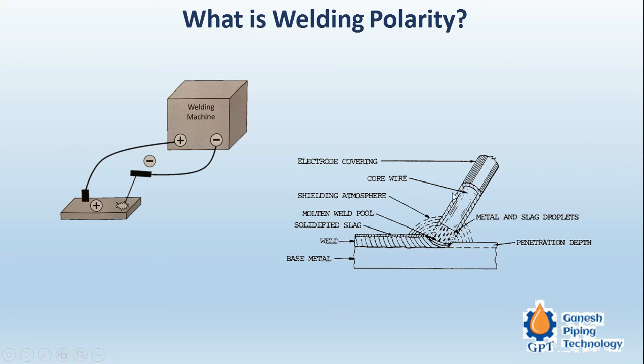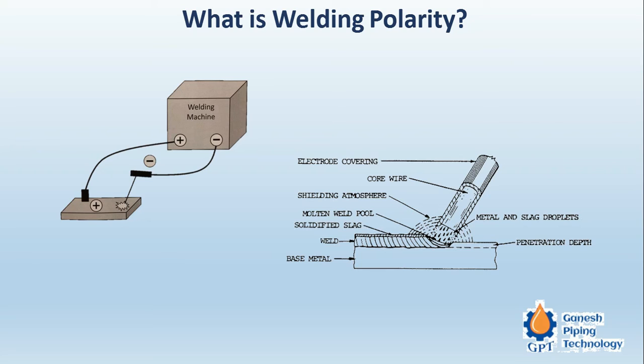It is covered by means of the flux. So during the melting process, the filler metal, this core wire, gets melted, and the flux will provide a solidified slag cover to blanket the molten metal so that there is no oxidation, and because of that we get good quality welding.